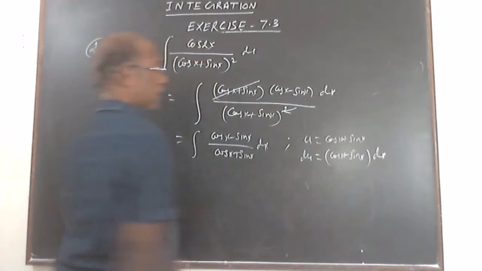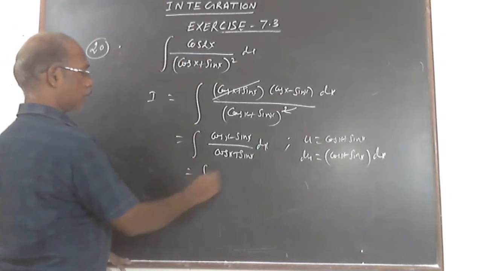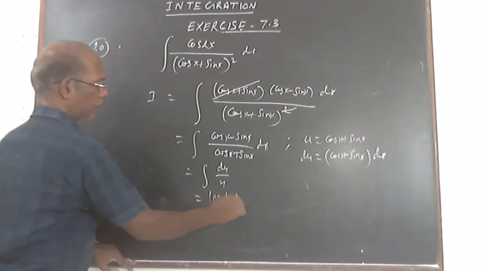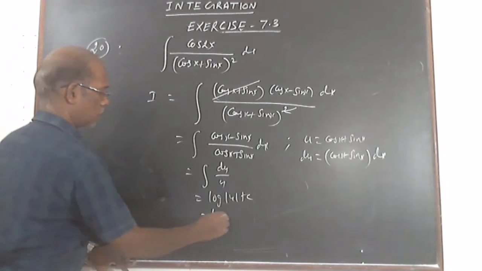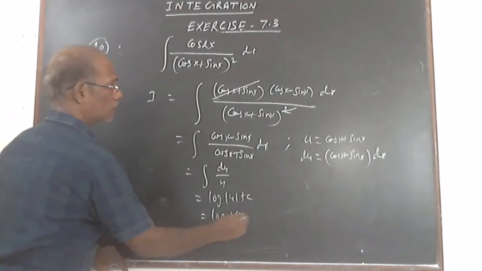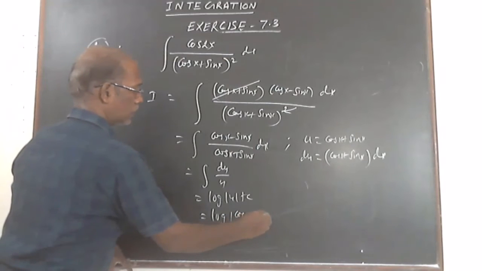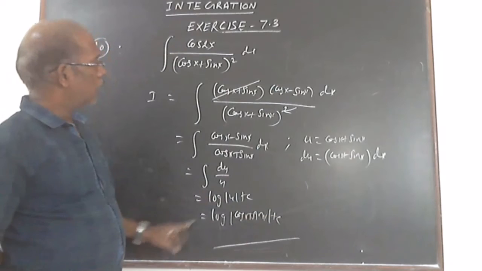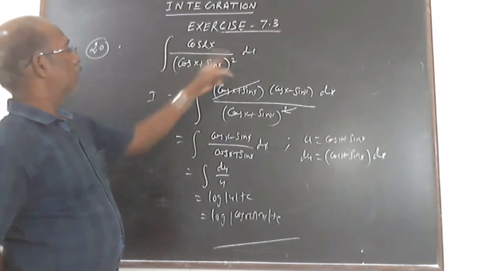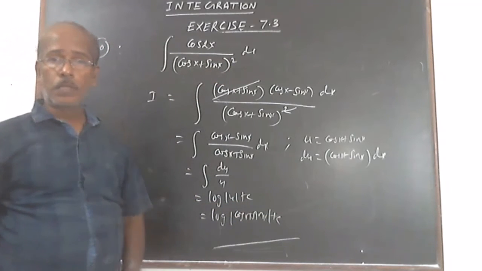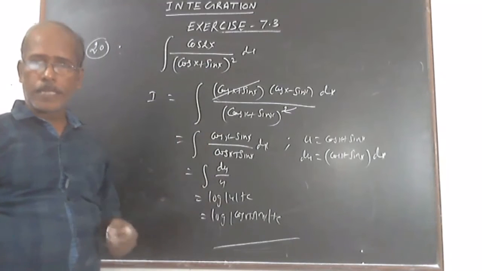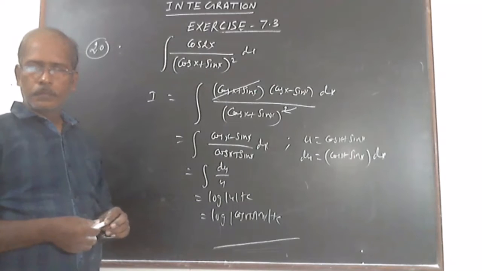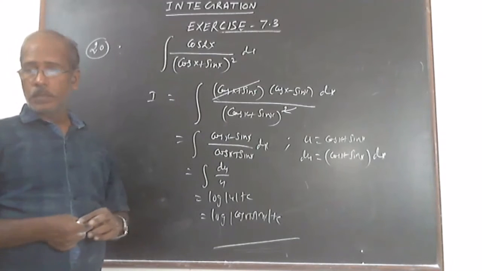The entire cos x minus sin x numerator is of the form du by u, giving log mod of u with the arbitrary constant, that is log mod of cos x plus sin x with the integral constant. So this is the integrated and final answer of question number 20, go through and copy it. Next, question 21.